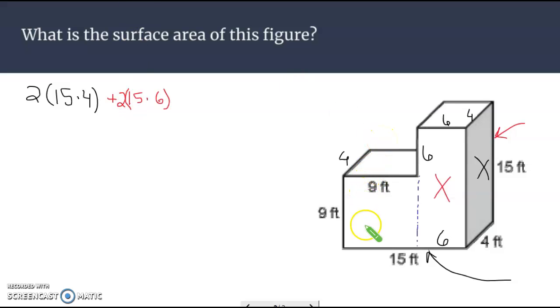Alright, now there is a square right here, and there's one on the back side. The square is 9 times 9. And then there's a 4 times 9 rectangle here and one on the side, 2 of them.